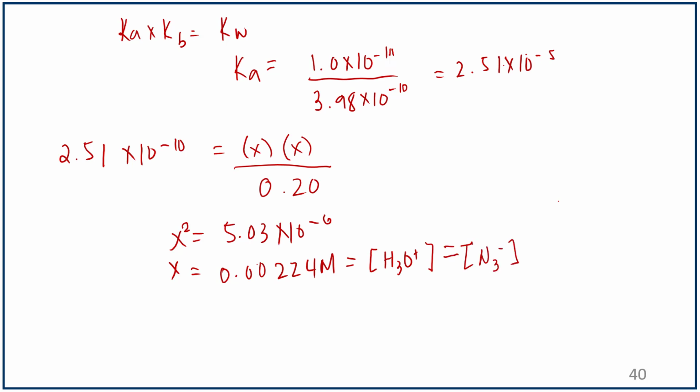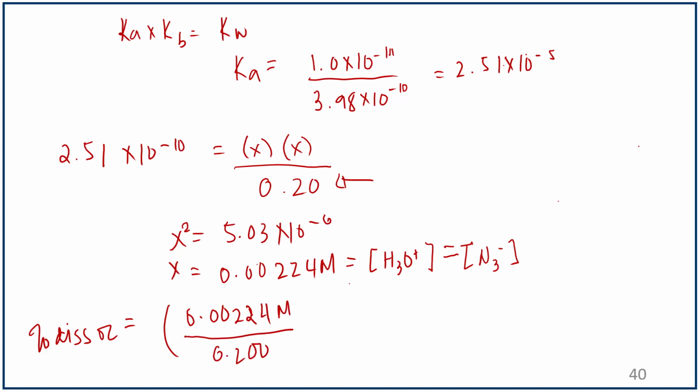And then we're asked to calculate the percent dissociation. If we get a value of less than 5% for percent dissociation or percent ionization, then we can say that our assumption that x is negligible is valid. So here the percent dissociation, or ionization, is 0.00224 molar divided by 0.20, times 100%.